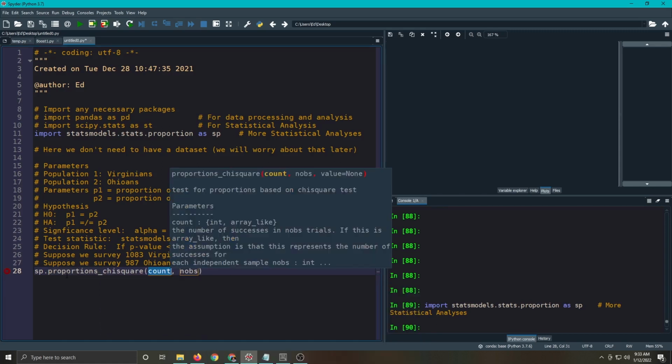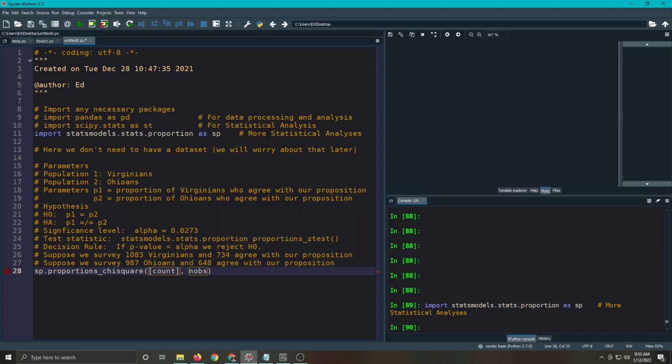The counts, we have two of them this time, so we're going to put them in brackets. How many were in each, and then how many were in each, and they have to line up. If you're familiar with how R works, this is the same sort of logic as in R.